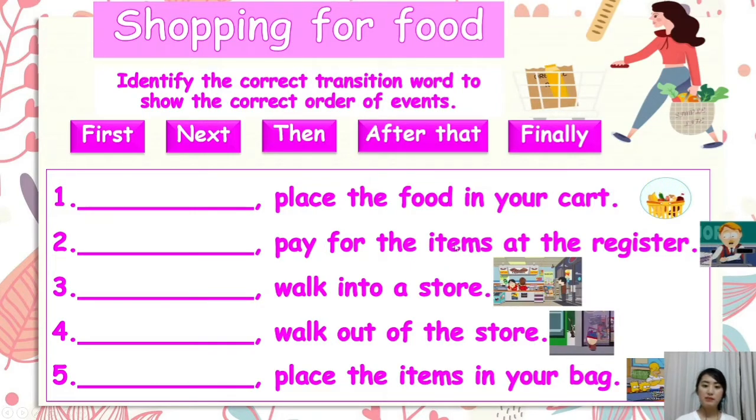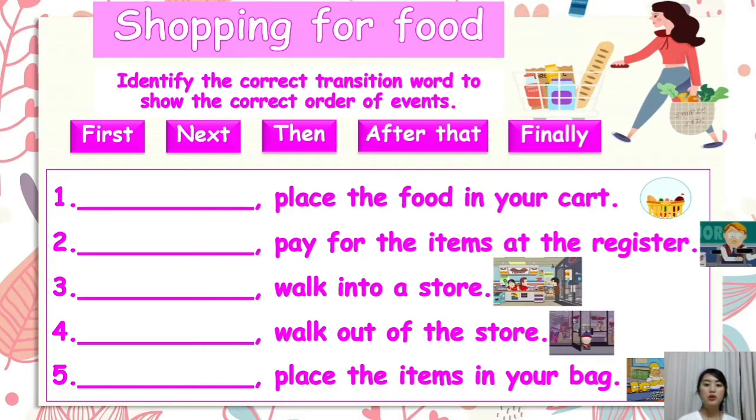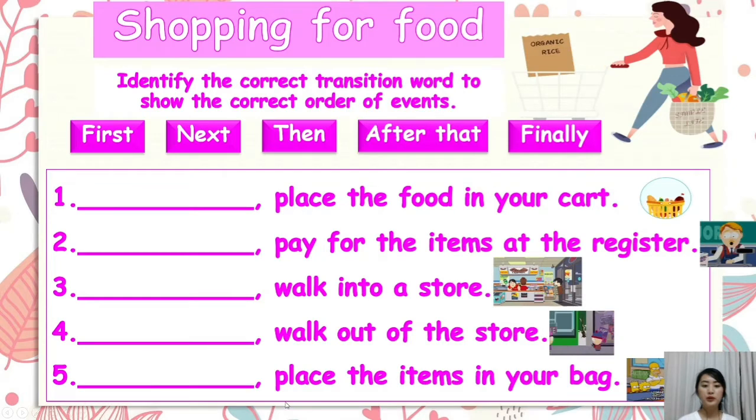So these steps are not in the correct order. They are jumbled. Okay, so you have to make use of these transition words to show the correct order of events. So what is the first step that you do when you go shopping for food?